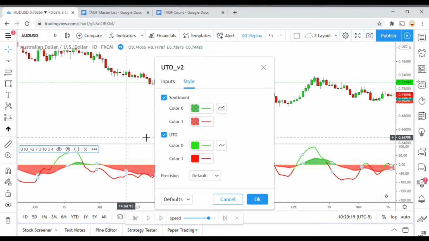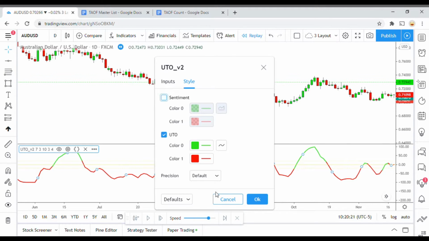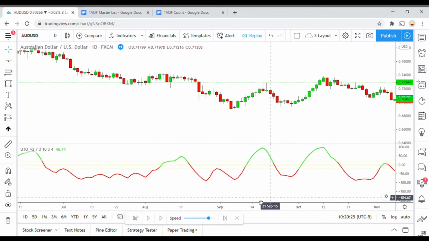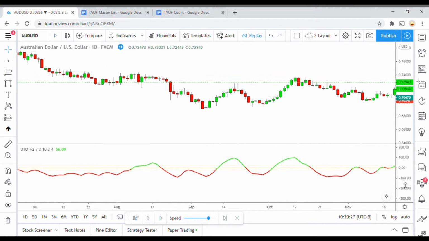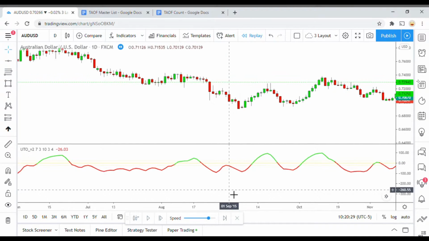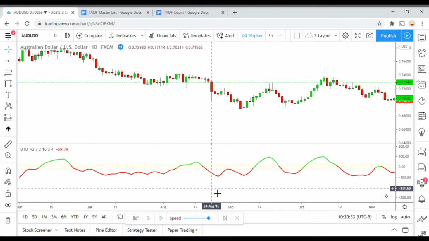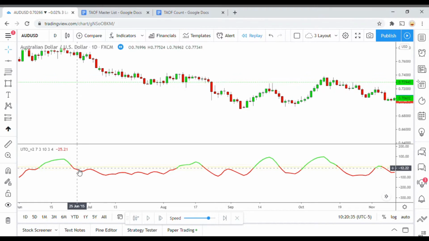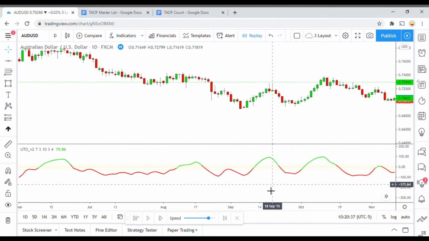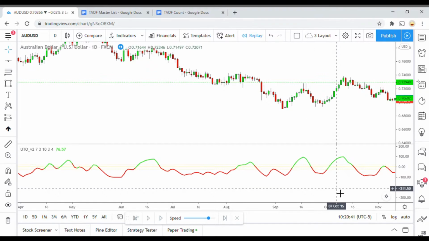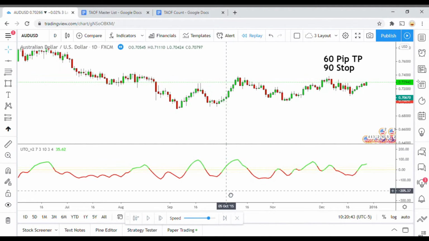So I think what we're going to do on this particular one is turn off the sentiment, and I think we're just going to test the oscillating line itself and see what we can get out of it.